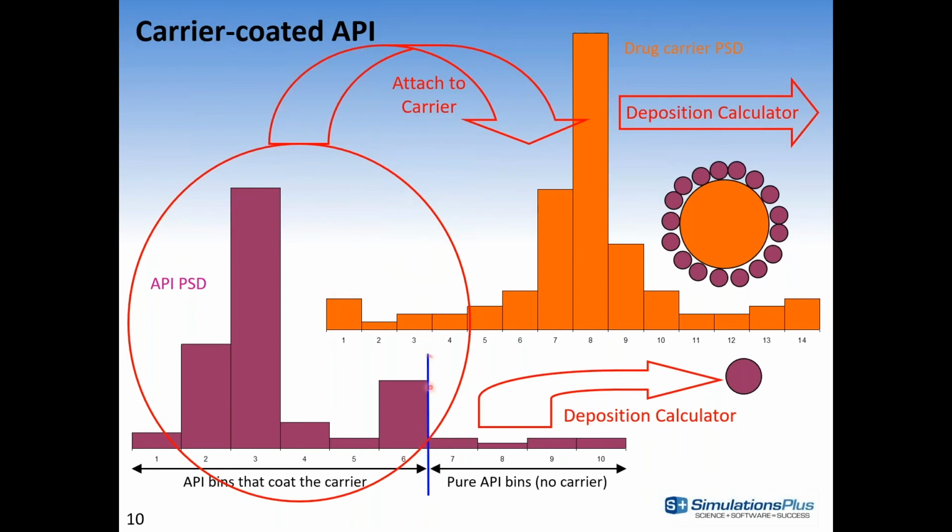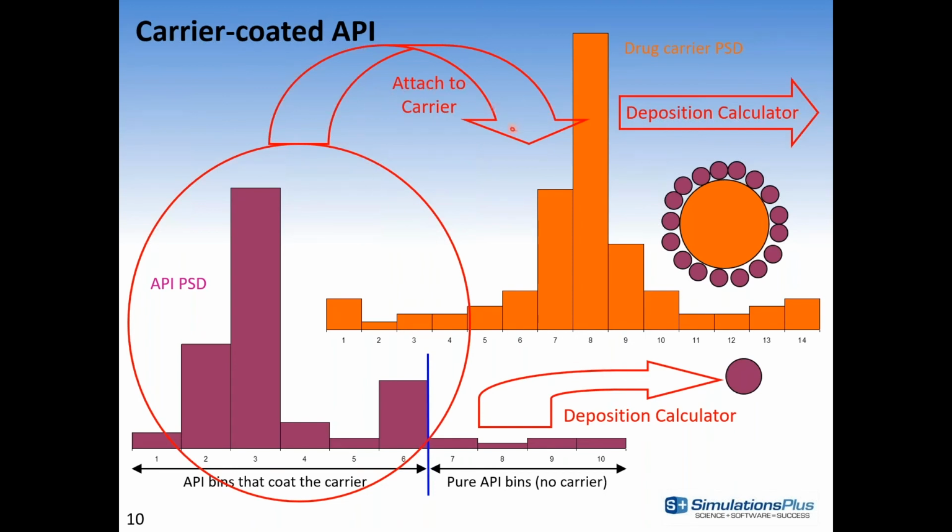defining what would be a maximum cutoff value for the API or the drug or chemical particle size that will coat those carrier particles. And then any particles which are above that size, we'll use our normal deposition calculator selections to define the percentages of the dose going into each of those lung spaces.